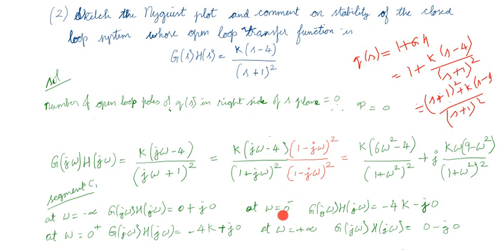When I put omega as minus 0, I get minus 4k minus j0. When I put plus 0, minus 4k plus j0. When I put omega as infinite, I get 0 minus j0. You please work out these values, they are very simple things, right? For the S plane to the corresponding Q(s) plane, I got those 4 points for the segment C1.